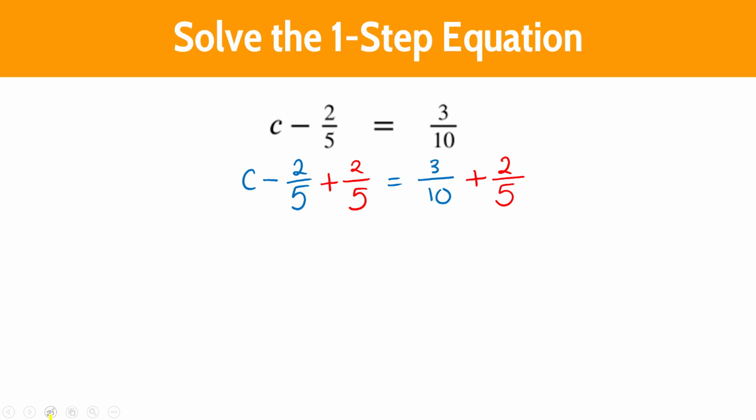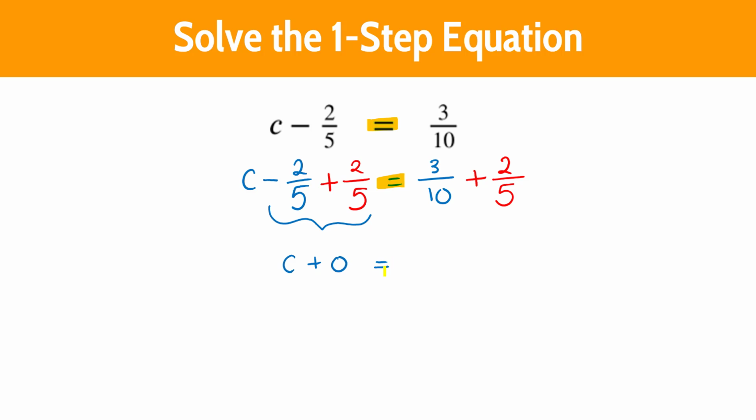I'm being careful to always include an equal sign. I always want to keep that equal sign between my left and the right-hand side of my equation. On the left-hand side, c minus 2/5 plus 2/5 ends up being 0. So c plus 0 is equal to.